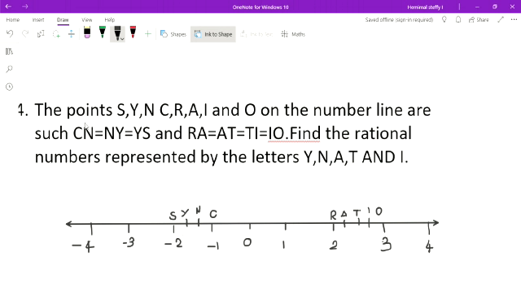So CN equal to NY equal to YS represents that the distance between the parts is equal. Same like that RA, AT and TI equal to IY. Then find the rational number represented by the letters Y, N, A, T and I.